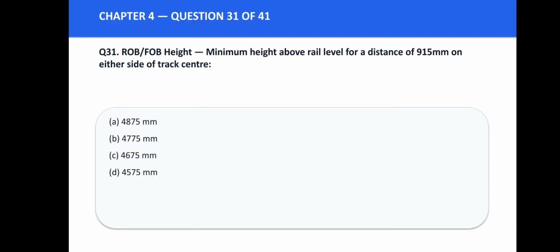Question 31. Minimum height above rail level for a distance of 915 mm on either side of track center for overhead structures is what? Option A, 4875 mm. Option B, 4775 mm. Option C, 4675 mm.